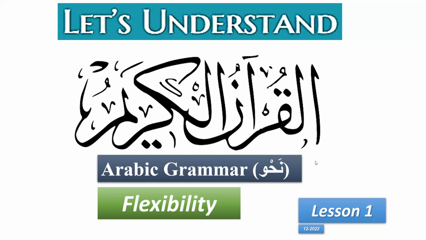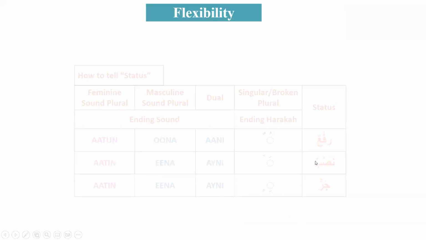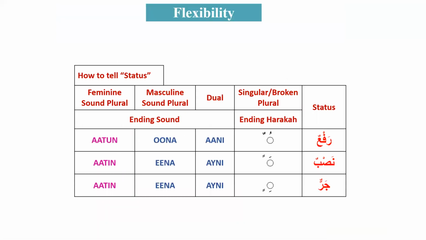So before I move to flexibility, I just wanted to remind you of this table. You should have memorized this table by now. For singular and broken plural, the rafa would be dhamma, one dhamma or two dhamma, nasab will be fatha or two fatha, jar will be kasra or one kasra or two kasra.